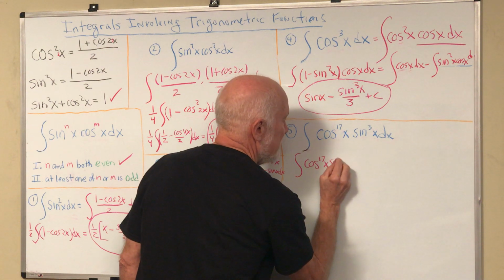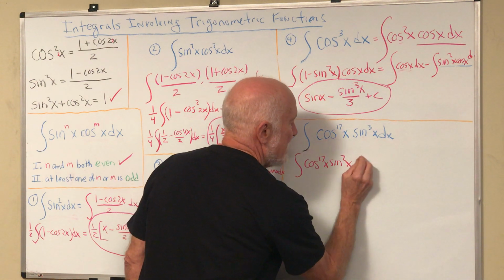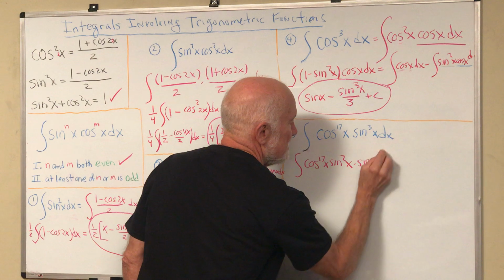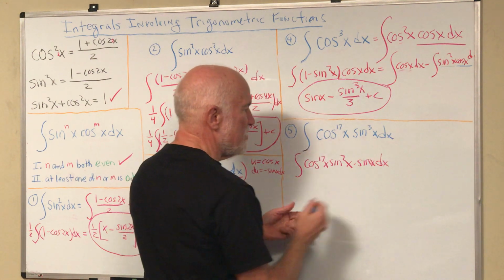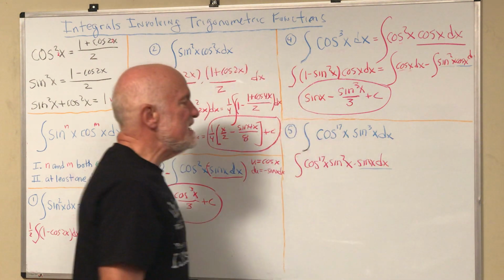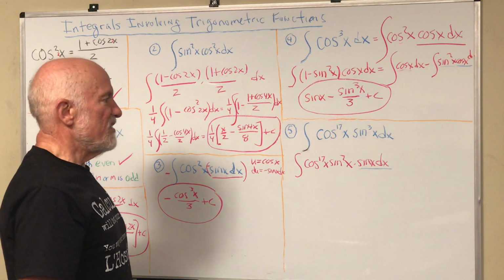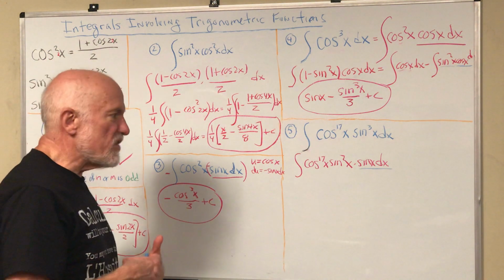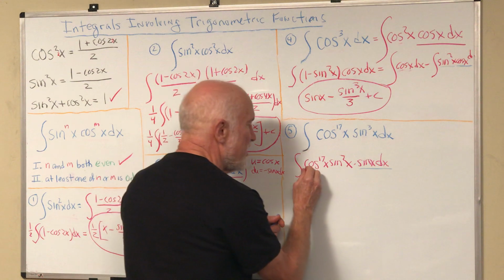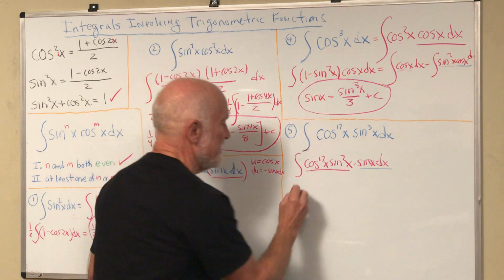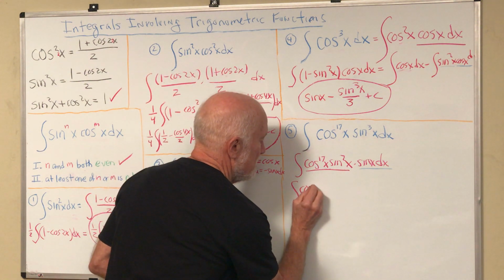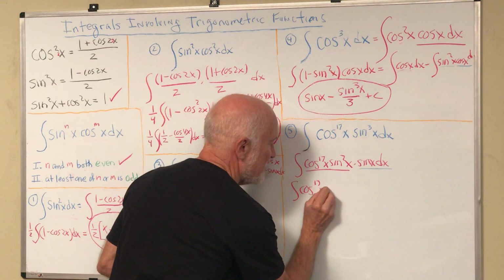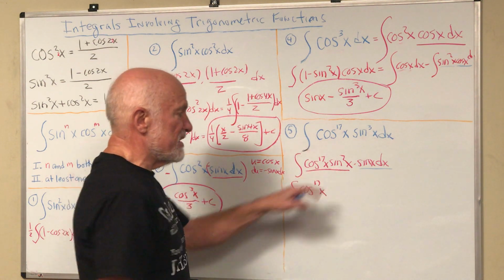So make it sine squared of x times sine of x dx. This is going to become my du. Well, it's going to become the du to the cosine. So I want everything over here to be in terms of cosine. Well, cosine to the 17th x is, but sine squared isn't.